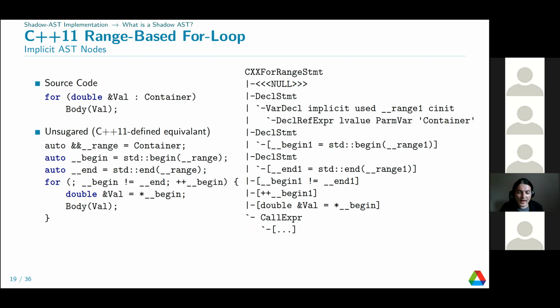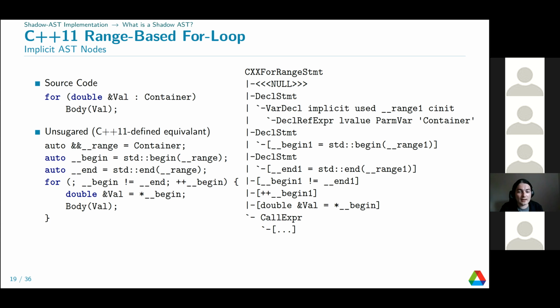I mentioned that we would do the AST transformations, but those did not appear here. To explain what we are doing, let's first look at another construct that Clang uses, the C++11 range-based for loop, which is defined by the C++ standard as syntactic sugar for what you see on the bottom left here.